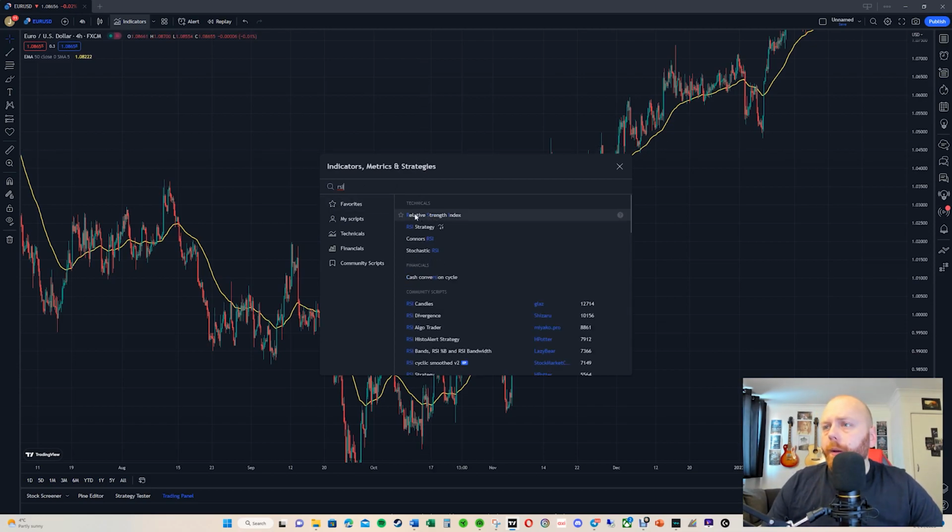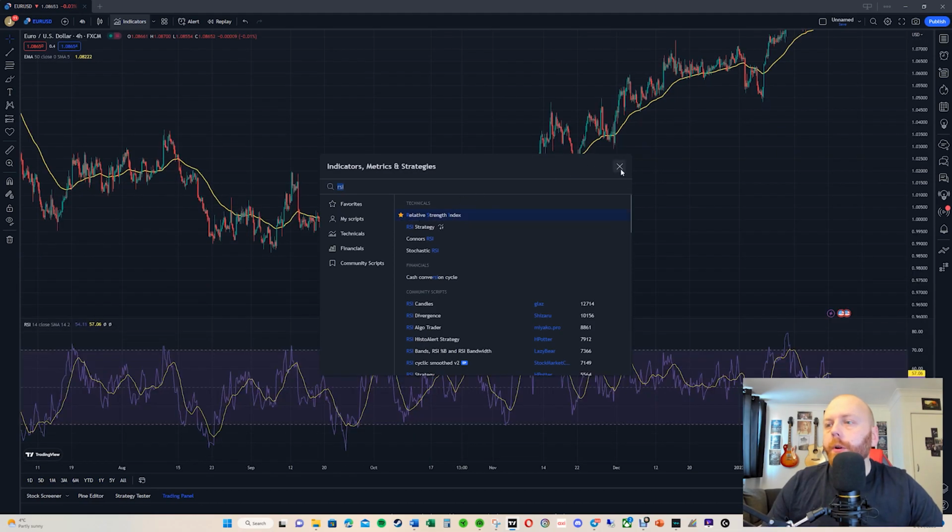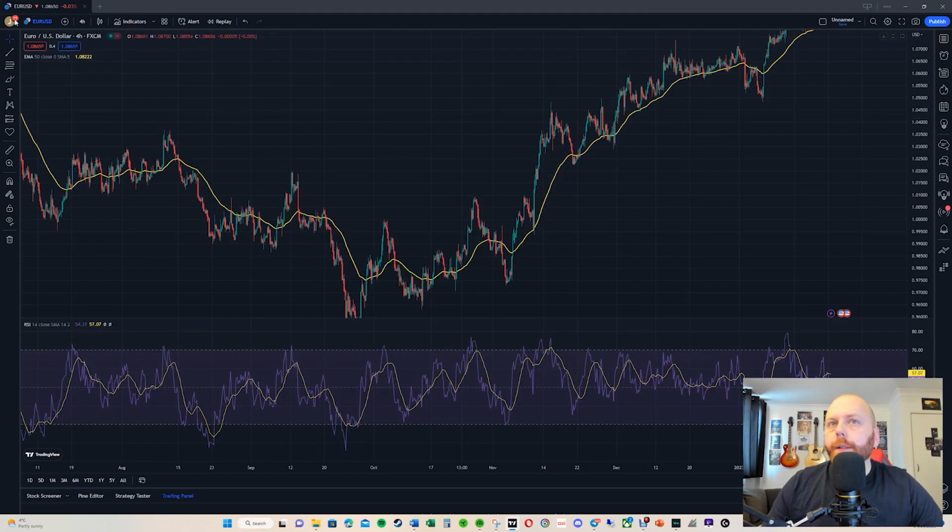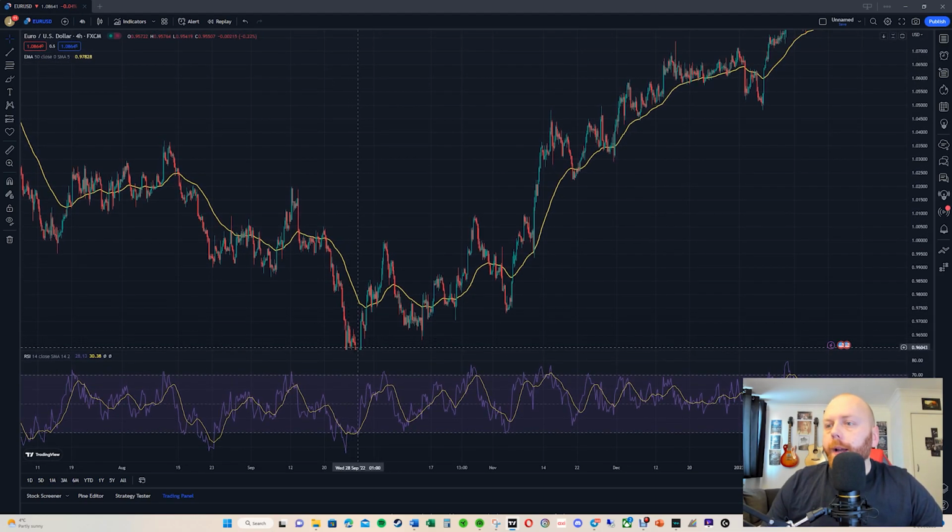You can see here it comes up Relative Strength Index. If I click that, I'm going to star it as well to put it into our favorites for the indicators. And you can see here it has come up with this little chart down here. It's got 2 lines, a purple and a yellow line, and it's got some values as well.